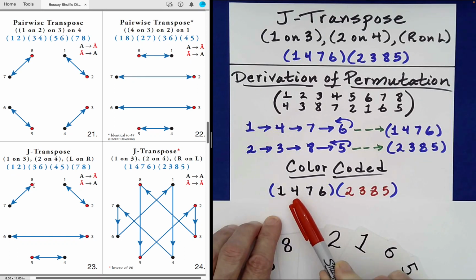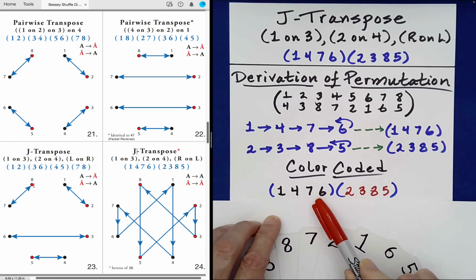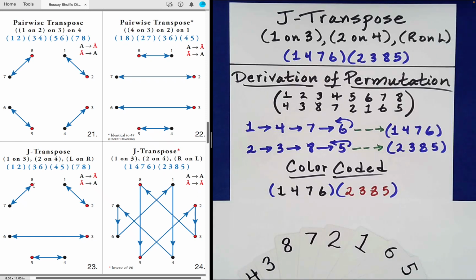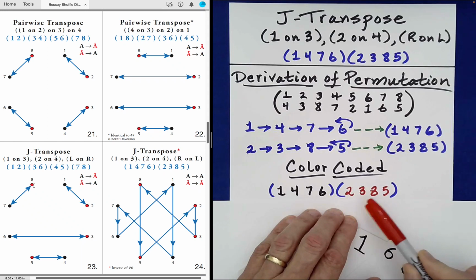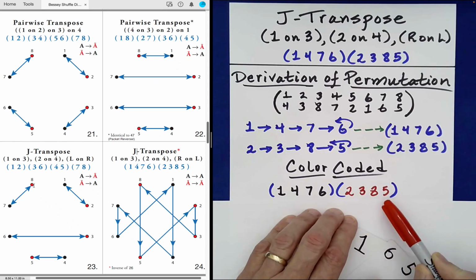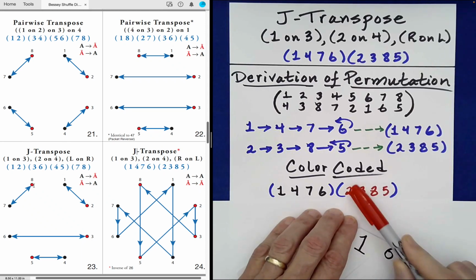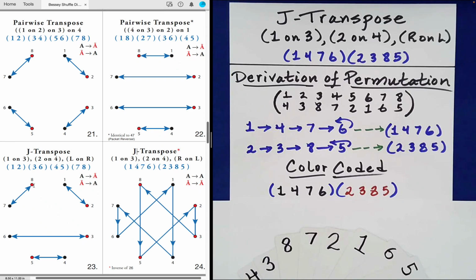Black 1 goes to black 4, which goes to black 7, which goes to black 6, which wraps around to black 1. So the black values stay within their respective set. Red 2 goes to red 3, which goes to red 8, which goes to red 5, which wraps around to red 2. So the cards in position values 2, 3, 5, 8 stay within those 4 position values.